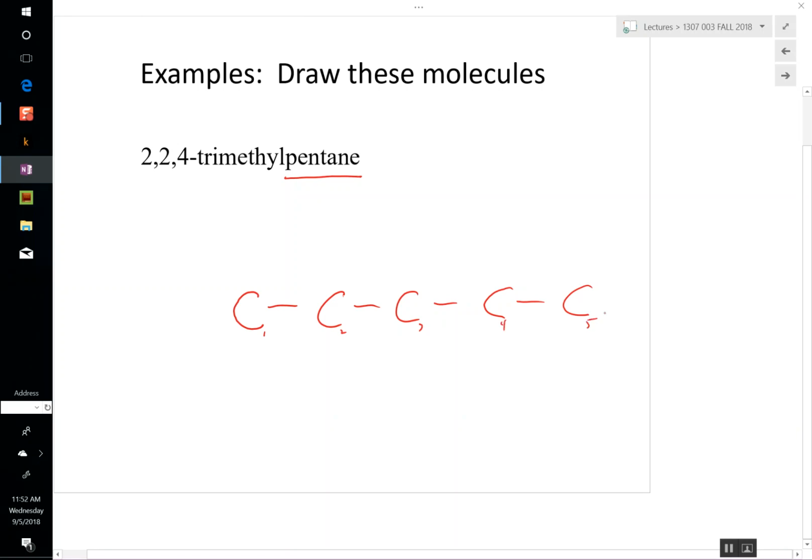Now don't put these in your actual molecules, but this will help us right now. On carbon number 2, I have a methyl group. On carbon number 2, I've got another methyl group. 2, 2. And on carbon number 4, I have a methyl group.